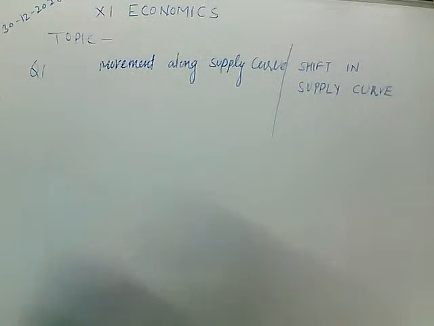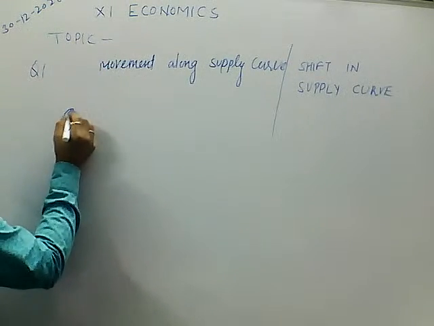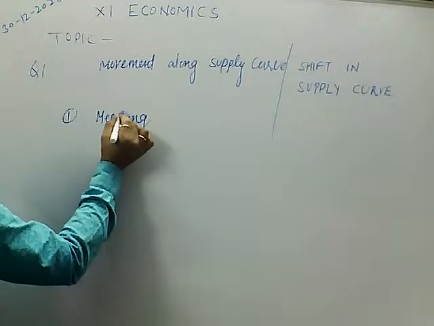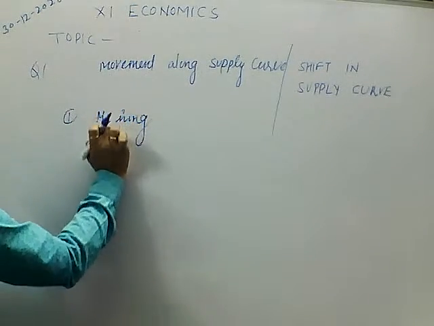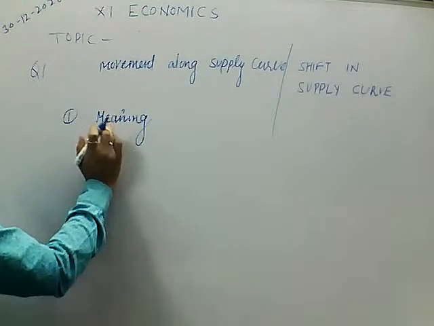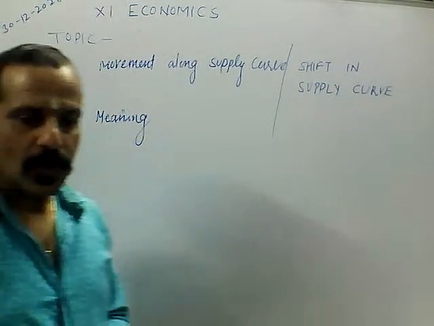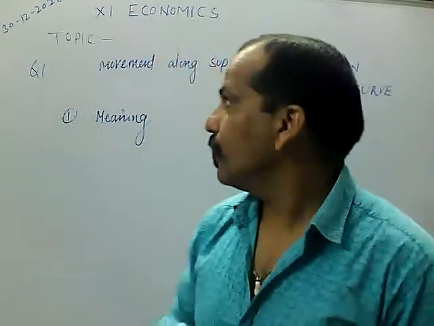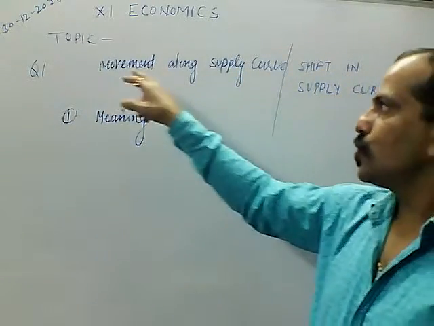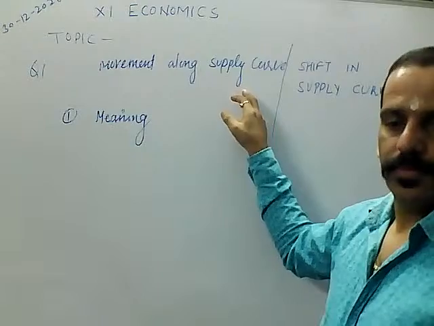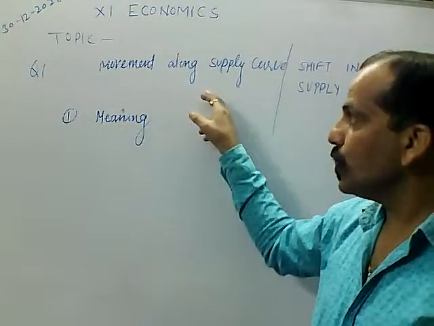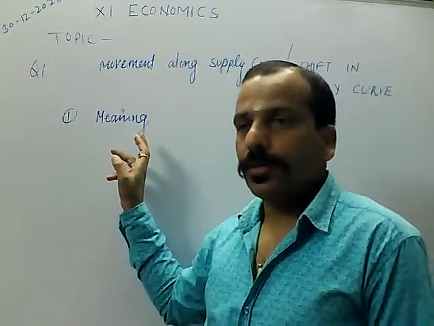Okay. So first point, meaning. What is the definition of movement along supply curve and shift in the supply curve? Movement along the supply curve: quantity supplied changes due to change in the price of the commodity.